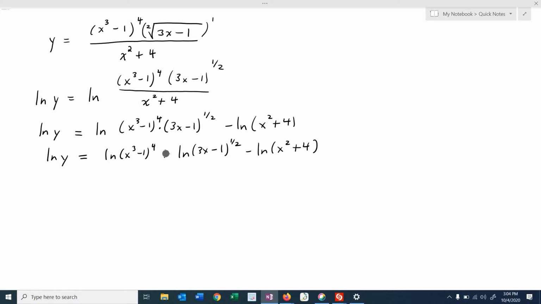When you multiply here, it turns into addition. Okay, and then the other thing we can do is we can pull these exponents down in front and multiply them by the logarithms.